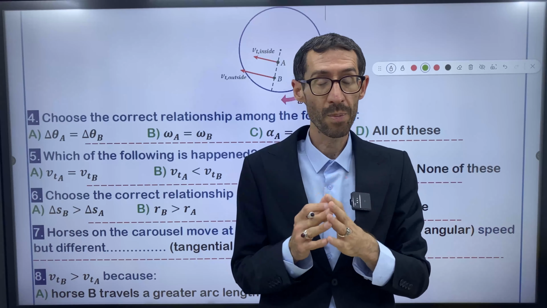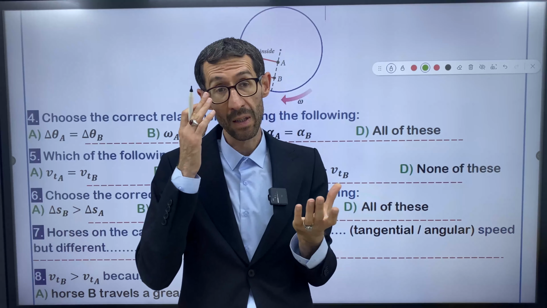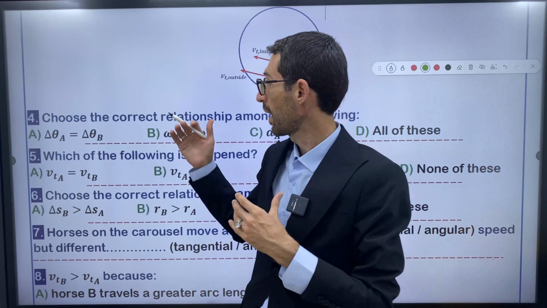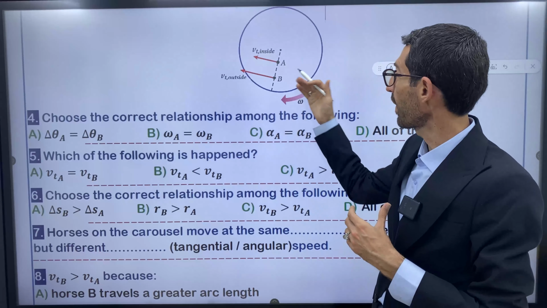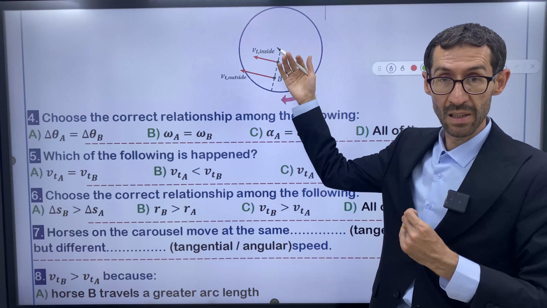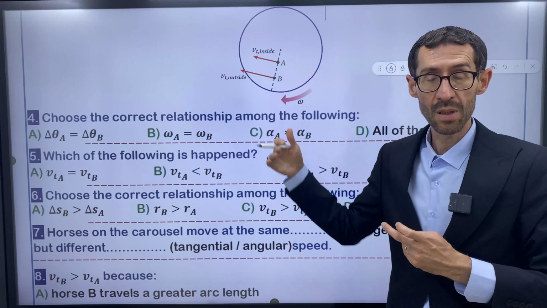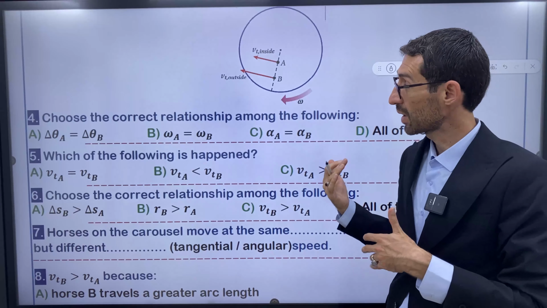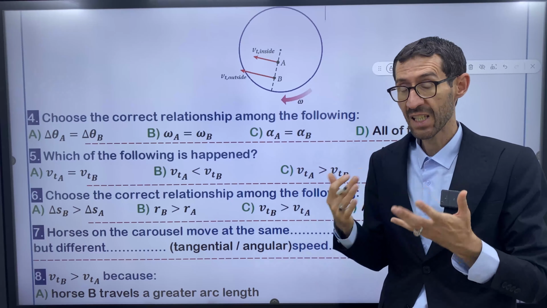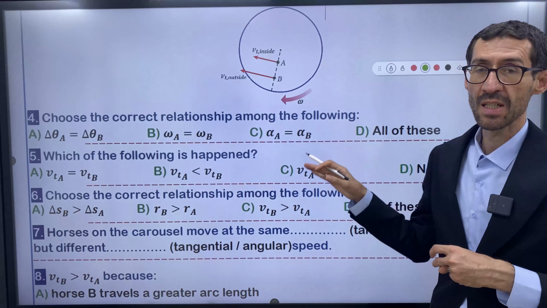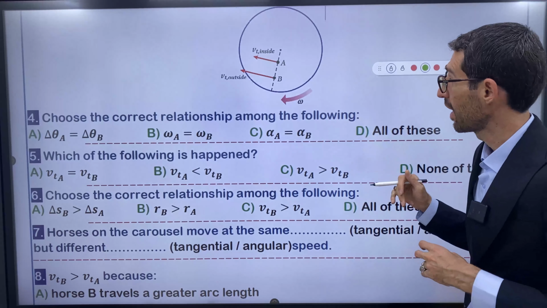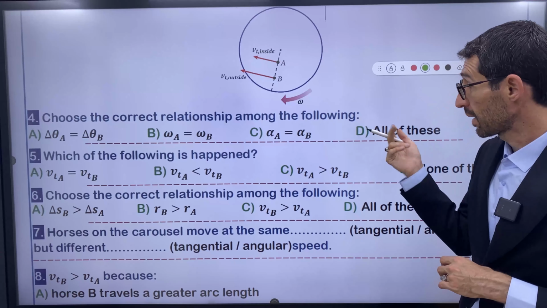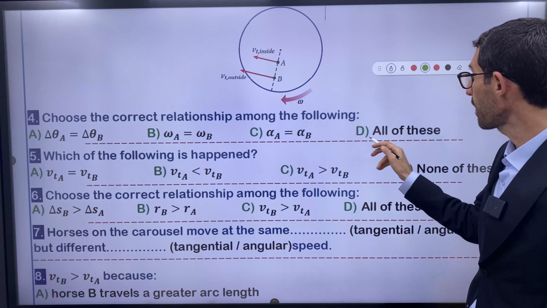If the angular information changes, for example if delta theta of A is different from delta theta of B, the object loses its rigidity. The object deforms. That's why this condition does not take place. And in this situation, all of the options are true.